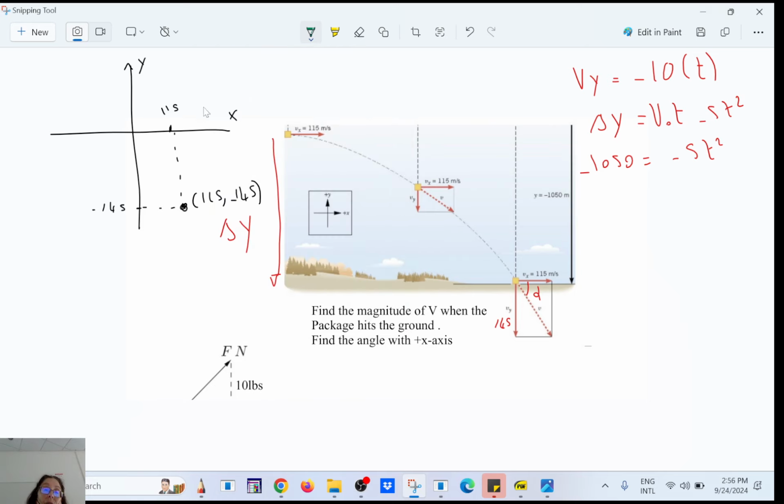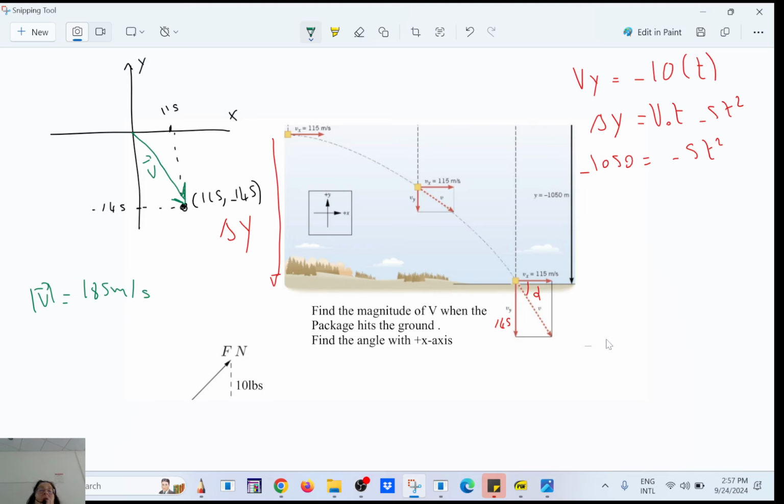The vector goes from the origin to the head here. So what was the magnitude? You use the Pythagorean theorem, 185. So that will be the final speed.